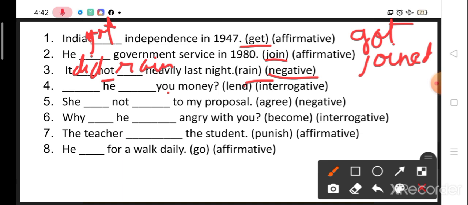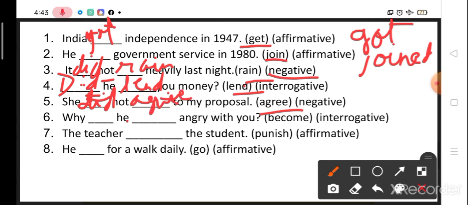Again, here the position is interchanged. Generally we write he did not. Here we have to write did he. Did he lend you money? She did not is already given.